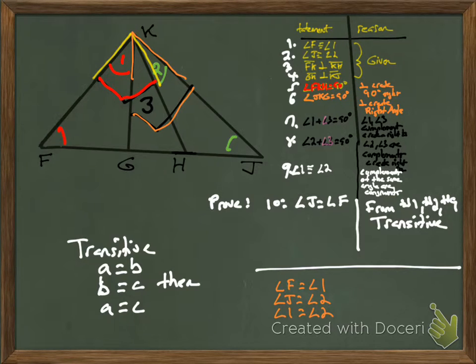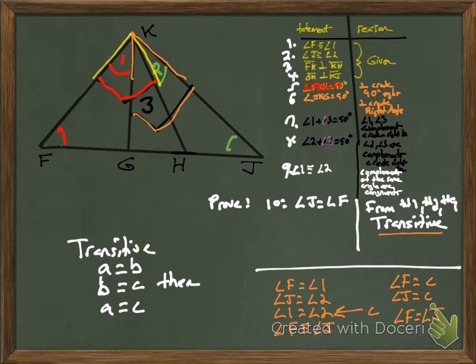So if 1 and 2 are the same, then I can say that angle F is going to be congruent to angle J. Because these essentially are like the C. Angle F equals C. Angle J equals C. So angle F is congruent to angle J. And this is called the transitive property.